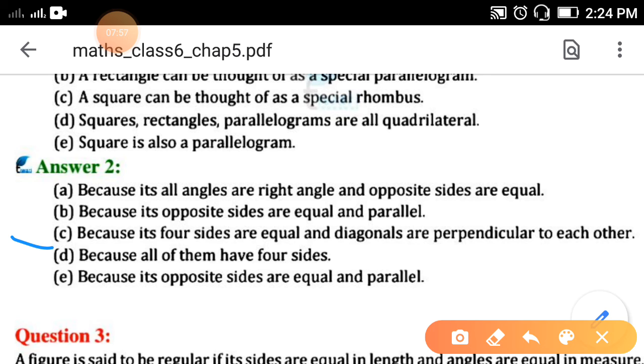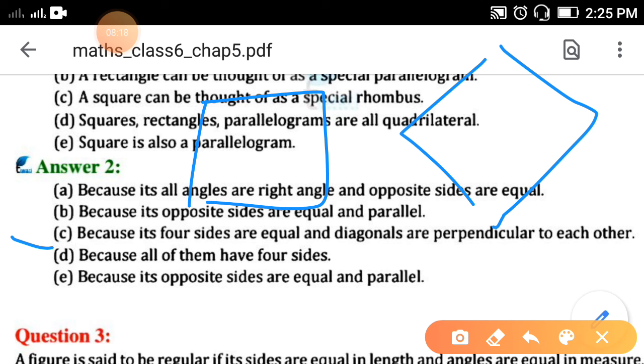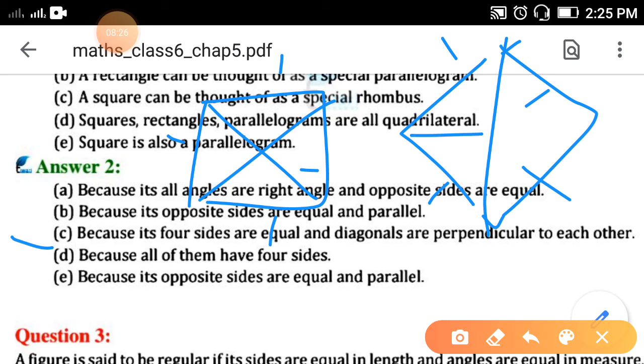That all four sides are equal and diagonals are perpendicular to each other in a square and a rhombus. You can see square and this is rhombus. So all four sides are same and diagonals are perpendicular to each other.